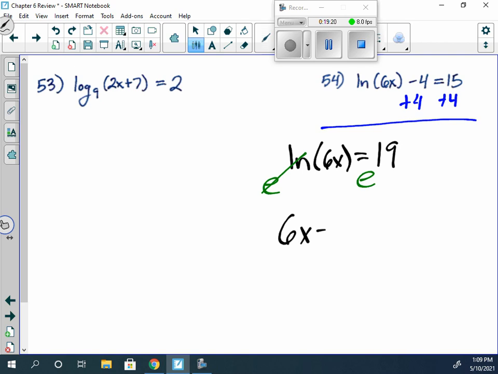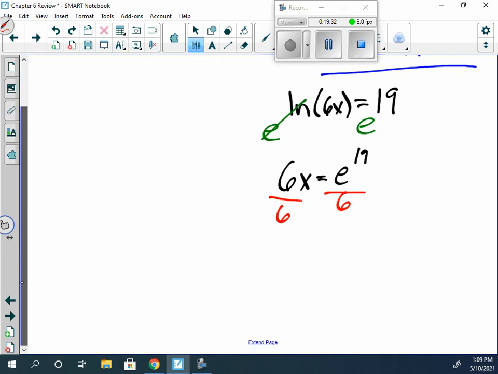That tells me that 6x is equal to e to the 19th. And last but not least, we would divide both sides by 6. That tells me x is equal to e to the 19th divided by 6.